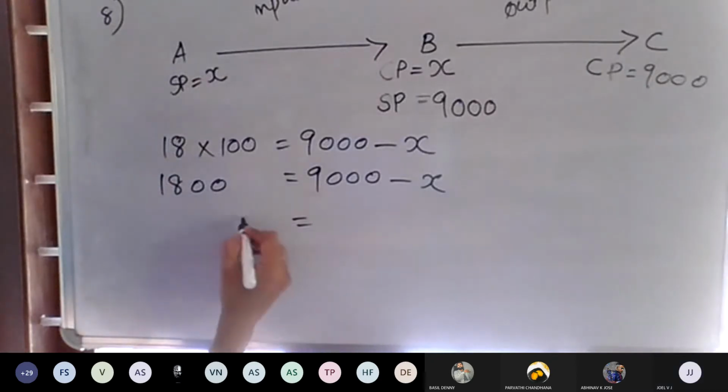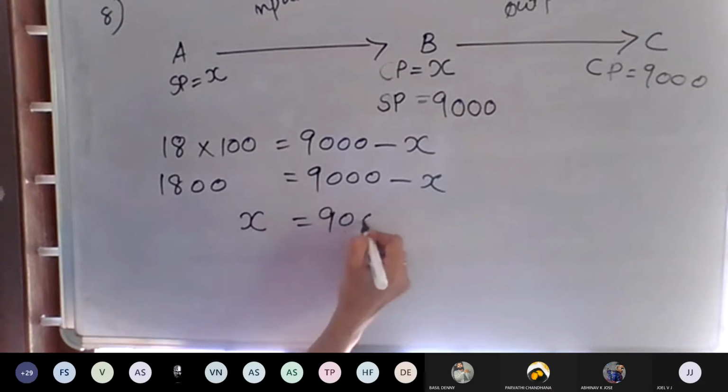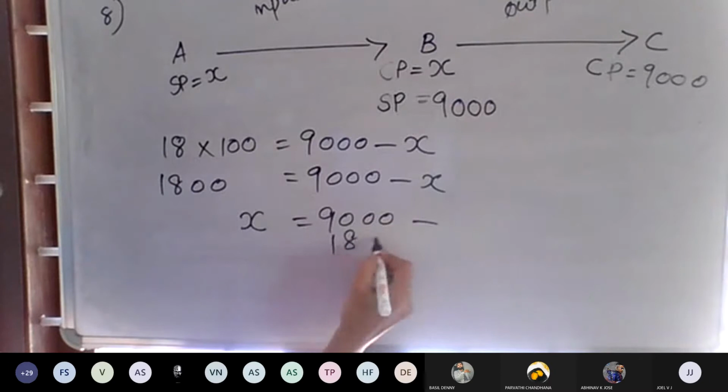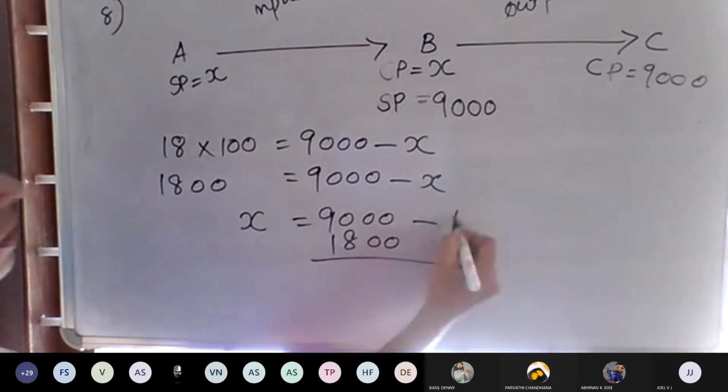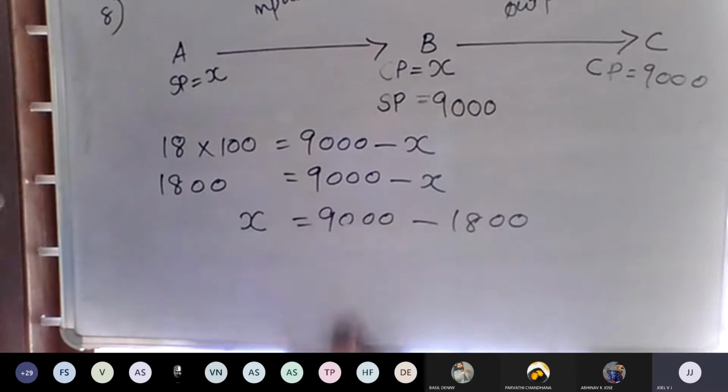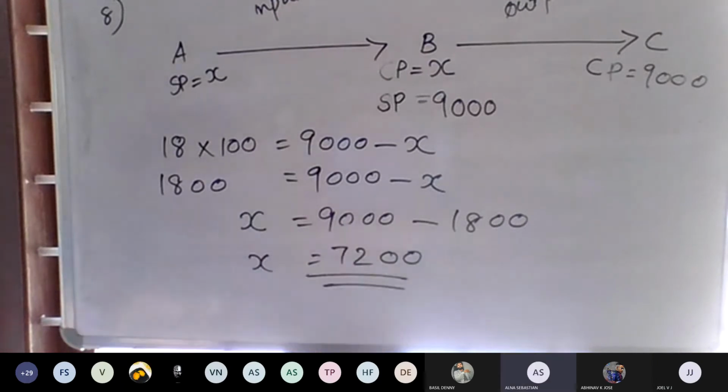This X we can take to the left side, so it will become positive X. 9,000 is already there, and this 1,800 will become minus. One more step I will write, that is better. X is equal to 9,000 minus 1,800. So X is equal to what?